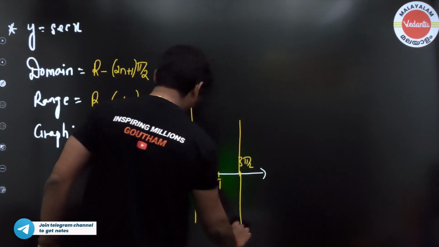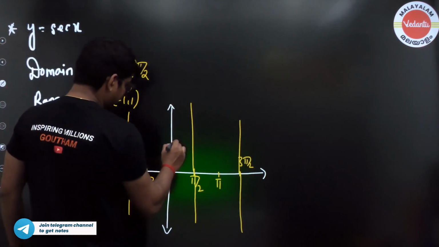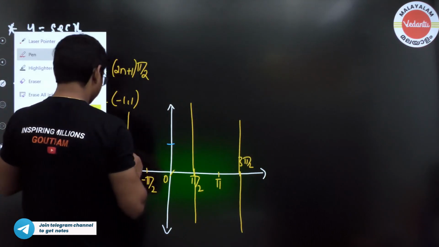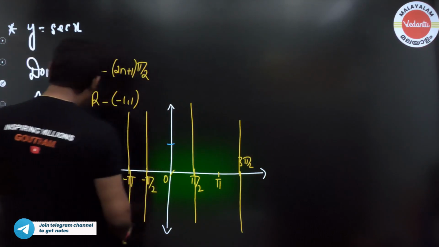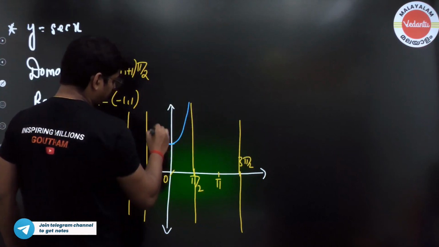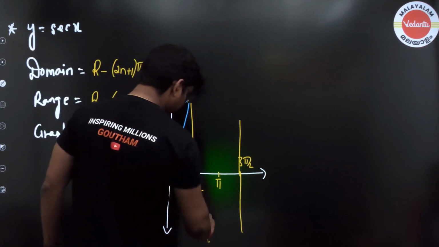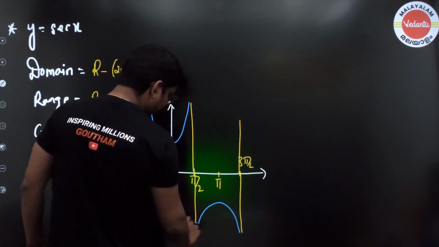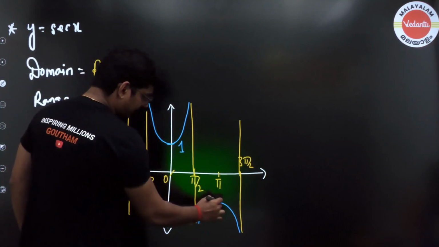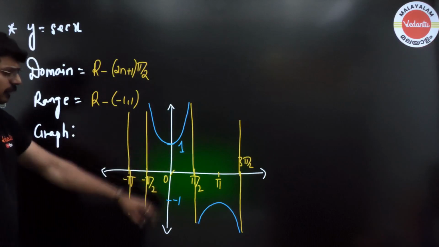So this is how the graph of secant x is going to look like, where this value is 1 and here the value is minus 1. Okay, and accordingly it's going to continue.